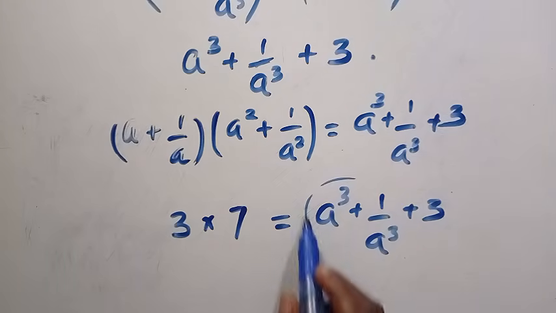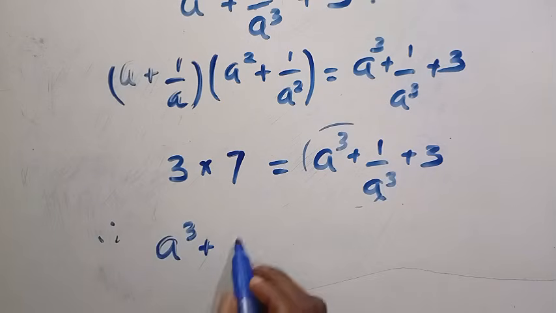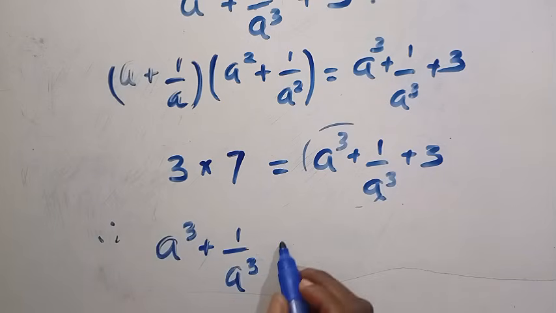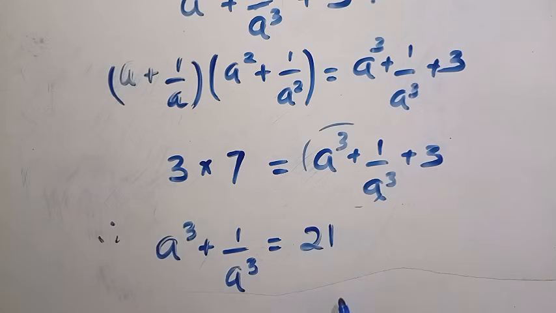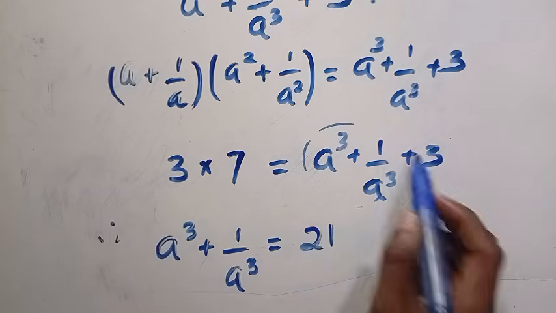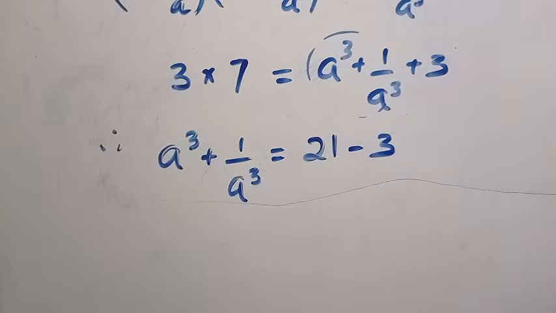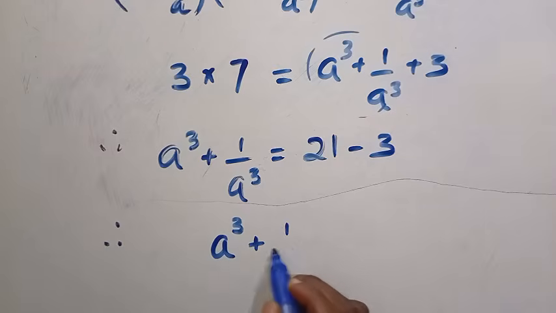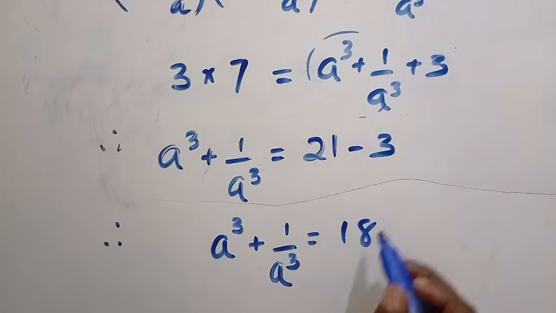By making a cubed plus 1 over a cubed the subject of the formula, we have a cubed plus 1 over a cubed equals 3 multiplied by 7. That gives us 21, and since the 3 is coming over here, we have it as negative. Therefore, the final result is a cubed plus 1 over a cubed equals 18.